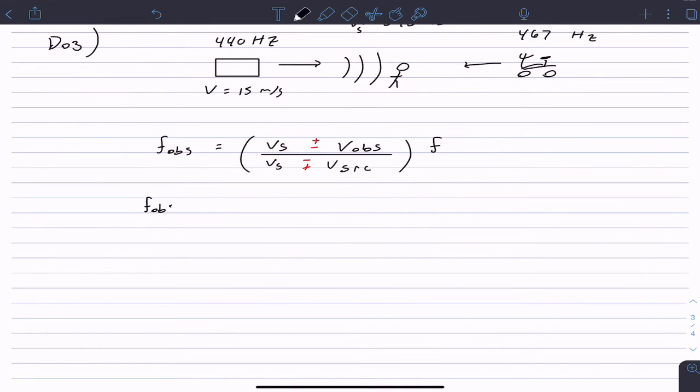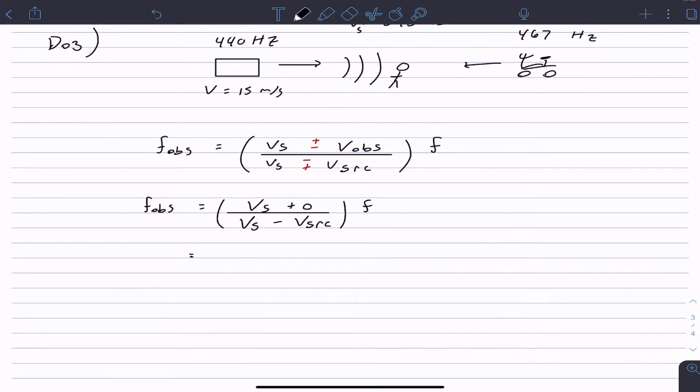So F observer is equal to speed of sound. Remember, this is going to be 0 for the man standing on the road. So this just goes away. We would say plus 0, right? Doesn't matter. Over the speed of sound minus the speed of the source times the source frequency.